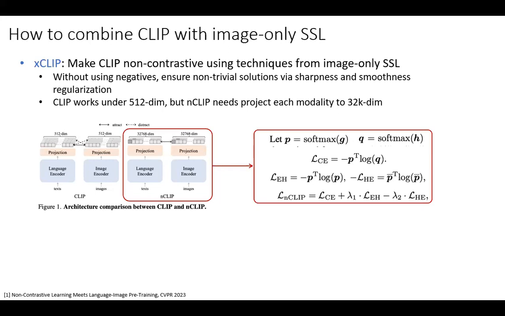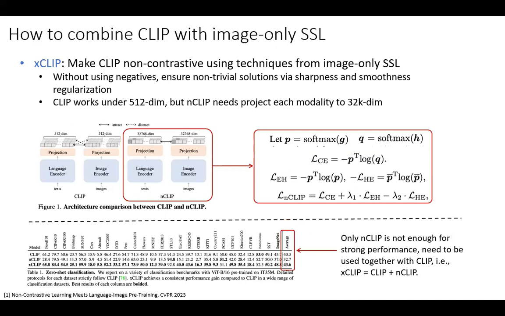So as you can see in the CLIP model, you have the positive path, and then you also have the negative path to make the model learn general representation. But in the unCLIP setup, the model will only use a positive path to learn. But there's also some bad news: different from the image-only literature, using only unCLIP, the non-contrastive CLIP, is not enough for strong performance, and it needs to be used together with the original CLIP.